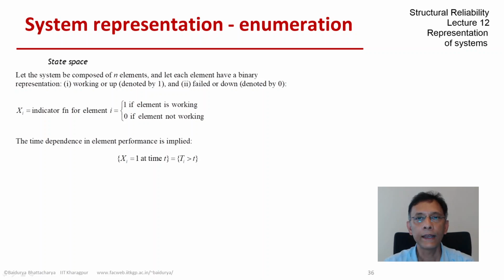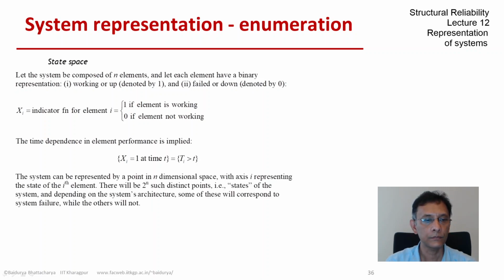So if xi is 1 at time t, that means the time to failure, which we haven't discussed, we will in a week or two from now, that is greater than small t. So the random time to failure of element i exceeds small t is the same thing as saying xi is equal to 1 at time t.